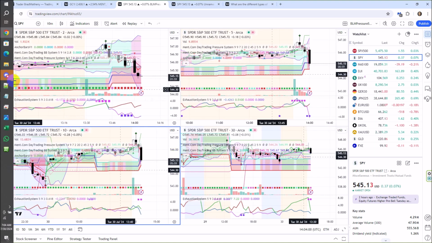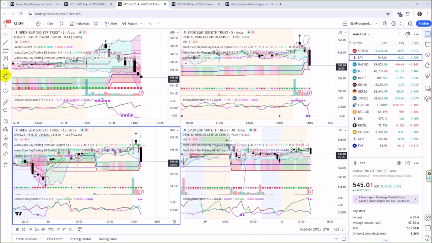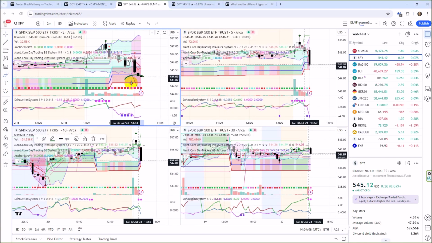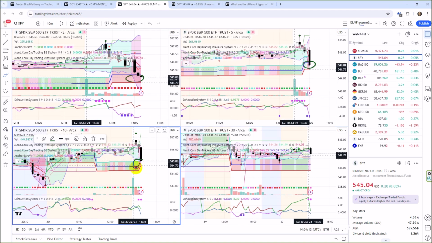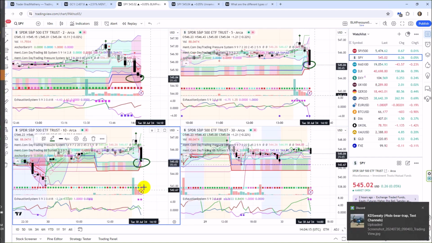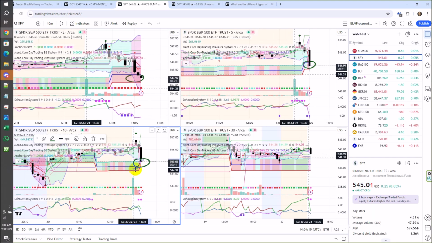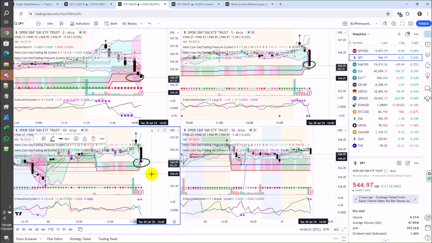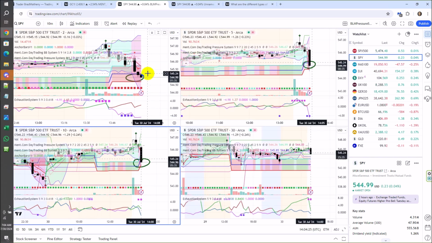Now, I would suggest again that we are going to probably find support in this ultimate 382 level, and probably over in this ultimate 382 level, and in this ultimate 382 level. So be aware that these levels act as primary support. They really do, guys. Okay, so we'll see how it plays out here.